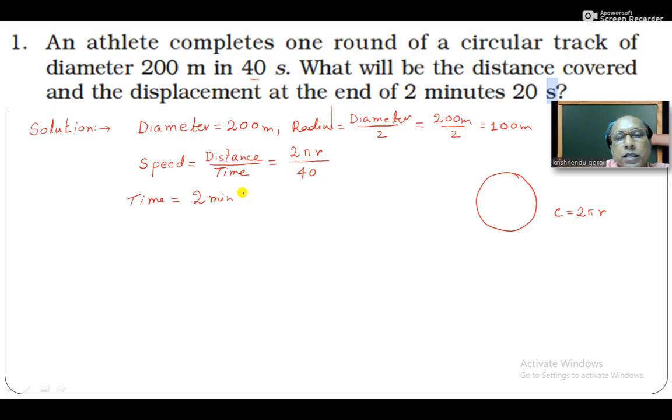What is the value of 2 minutes 20 seconds? That is 2 into 60, we are changing it into seconds, plus 20 seconds, that is 120 plus 20, and that is equal to 140 seconds, right. This is time.